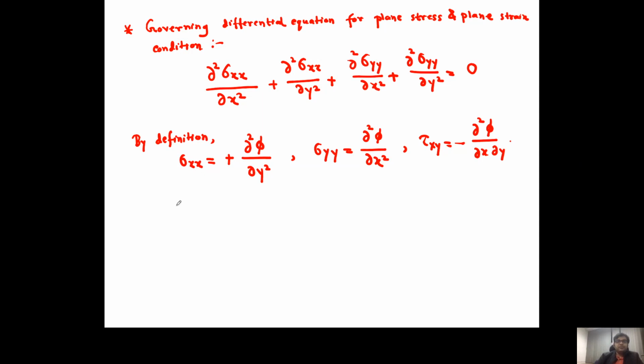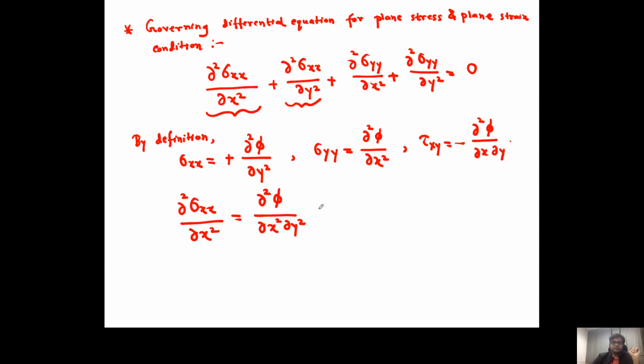So you take derivative of del 2 sigma xx by del x2. If you do that, what do you get? I'm talking about the first term. You will get del 4 phi by del x2 del y2, right?